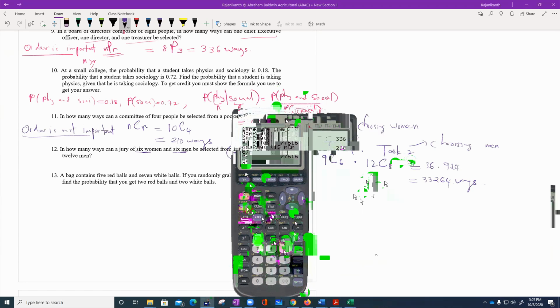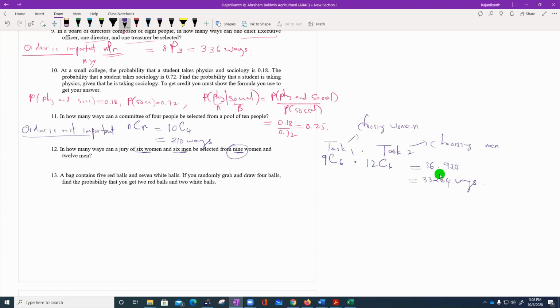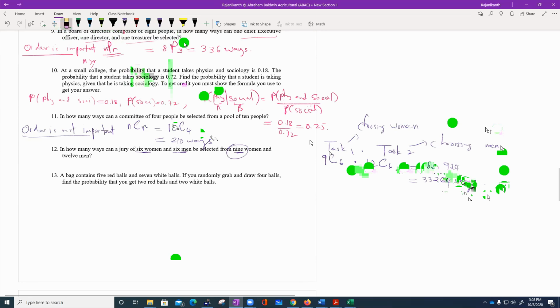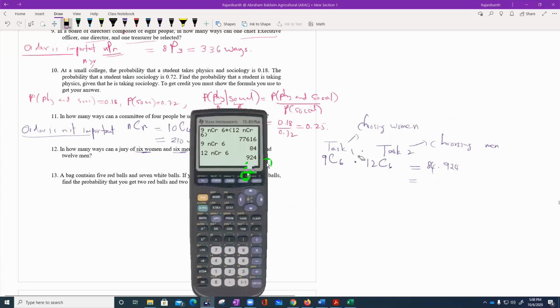What is 9 choose 6? Oh, I see. This answer is not correct. This should be 84, right? You need to check your solutions in the solution manual. Please change that into 84. Let me double check: what is 12C6? 924, that is fine. So my answer is now 84 times 924.